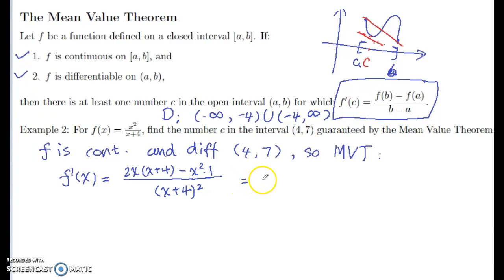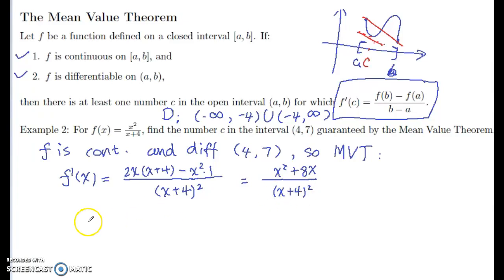So we simplify to get 2x squared subtract x squared, we get x squared, plus 2x times 4, 8x, divided by x plus 4 squared.